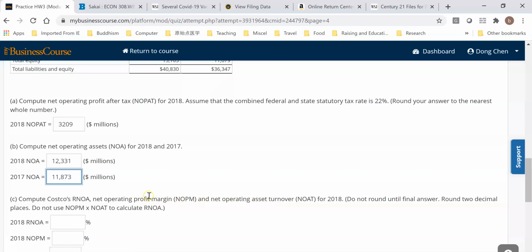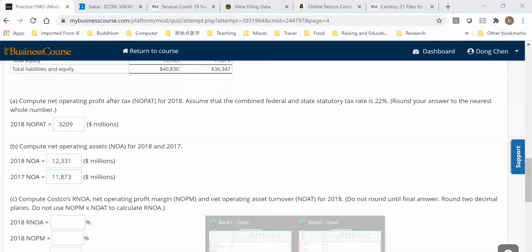Net operating profit margin is defined to be the NOPAT divided by sales, and NOAT is defined to be sales divided by the average level of the NOA. So RNOA, we just start from there.